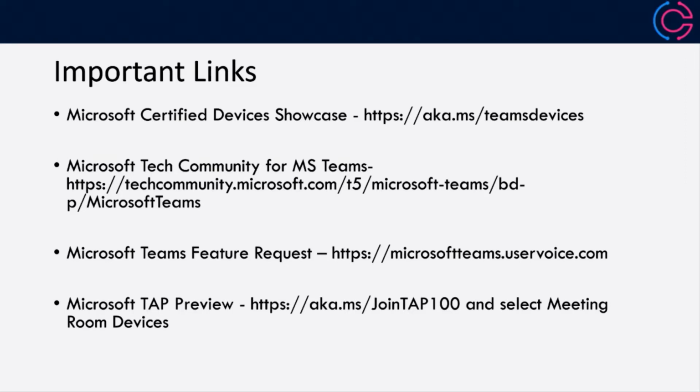And one of the things I get asked a lot as well is, how do I get access to, let's say, early preview and see new features that are coming, so I can be prepared in my room if I've got a tent card maybe, or I need to do some training. So there's an option to join the Microsoft TAP preview, the Technology Adoption Program, and you can do this for your meeting room devices, up to 5 devices.